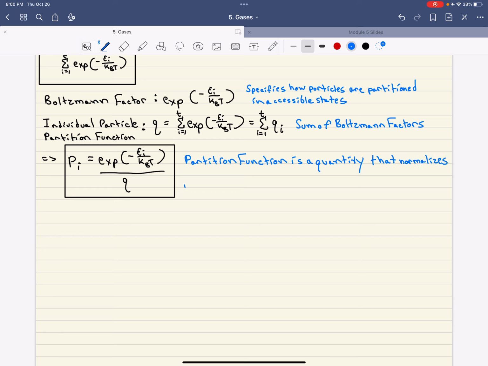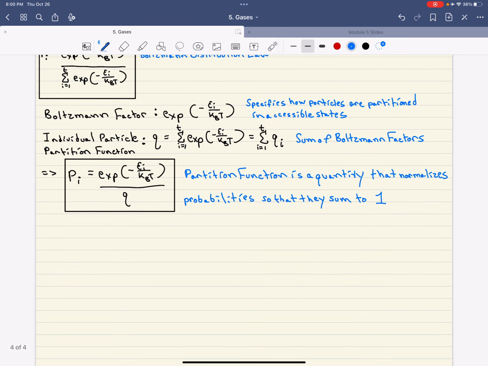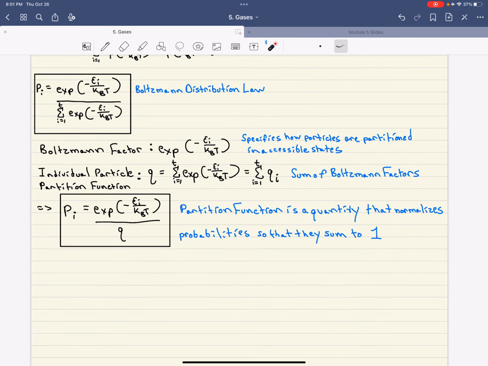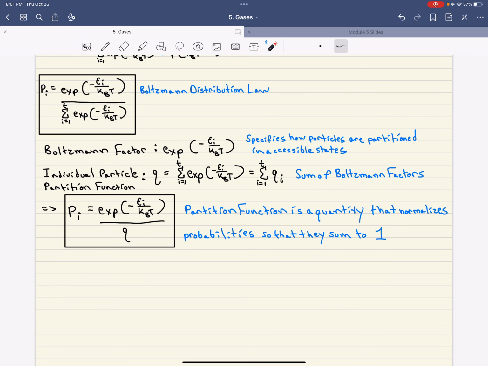It normalizes probabilities so that when we add the probabilities together, their sum is going to be equal to 1. All right, and so by trying to find the equilibrium probability distribution of particles throughout the different energy levels, we have a description for it. And the function that describes p sub i is going to depend on this newly defined partition function.